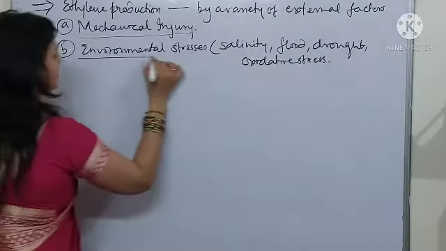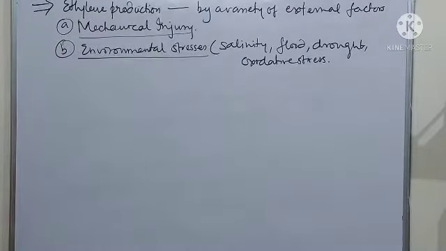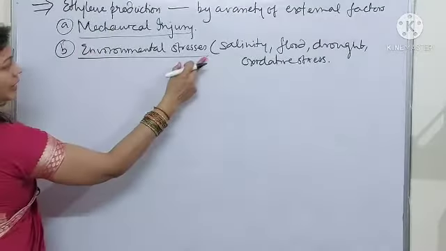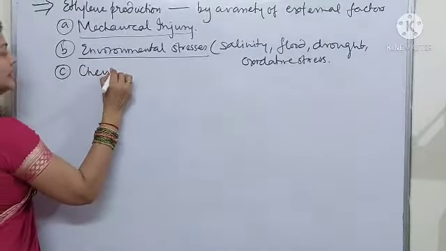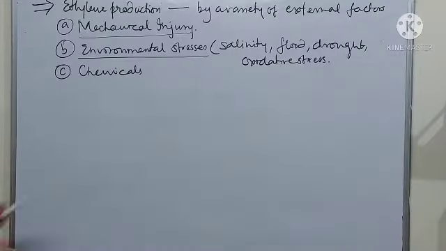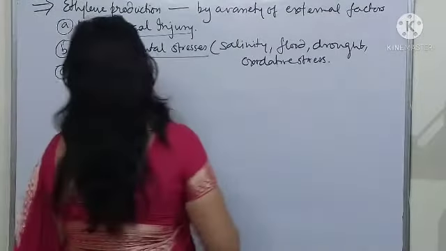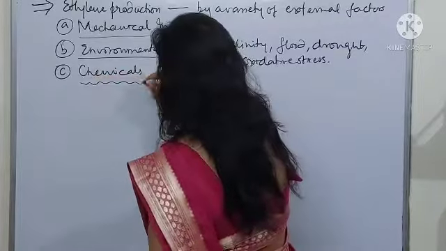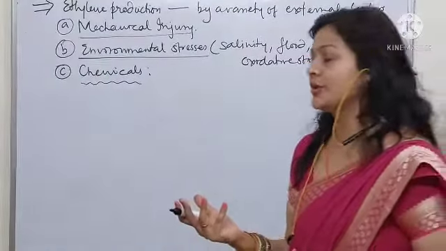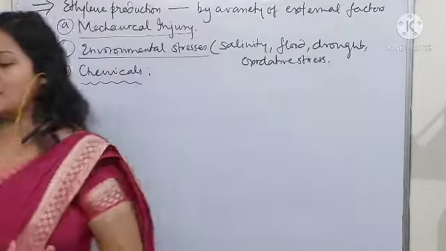So during these conditions, ethylene production is induced along with mechanical injury and environmental stresses. Chemicals also affect the induction of ethylene production. Chemicals means they may be any plant growth regulator, it may be auxin, etc.